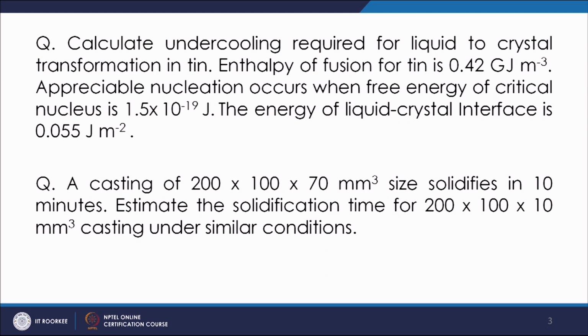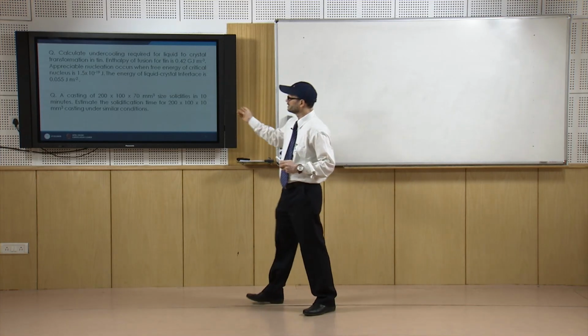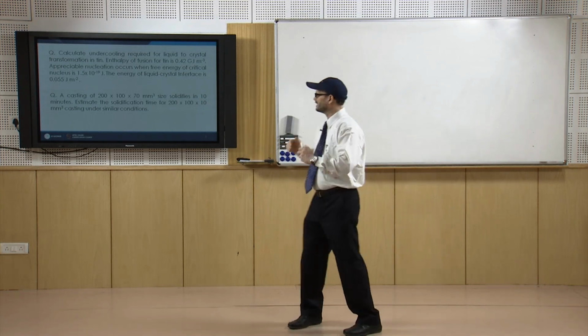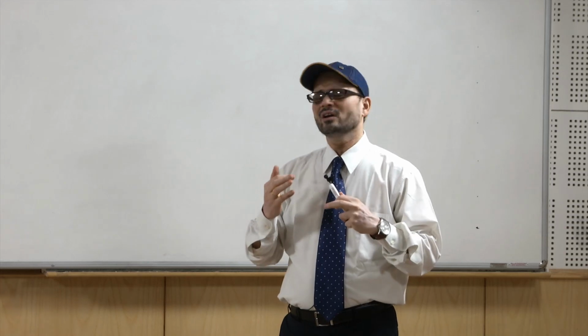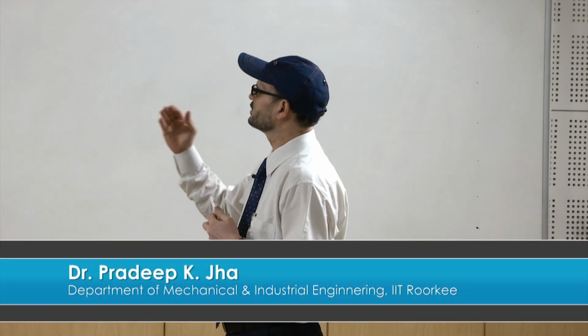Estimate the solidification time for a casting with 200 mm length, 100 mm width and 10 mm thickness under similar conditions. In this case the thickness has varied, and we have to find how the solidification time will vary and what will be the solidification time for this particular casting.